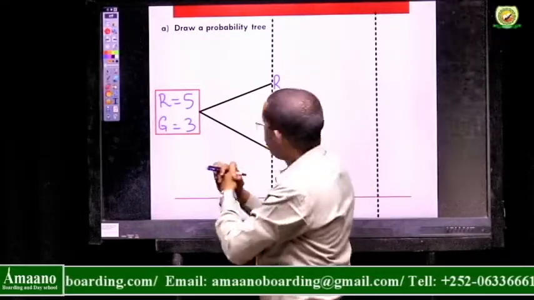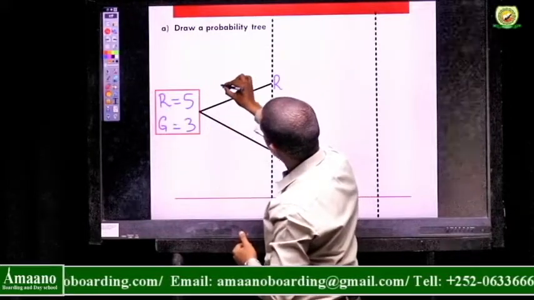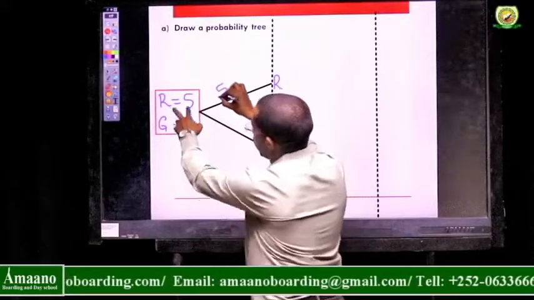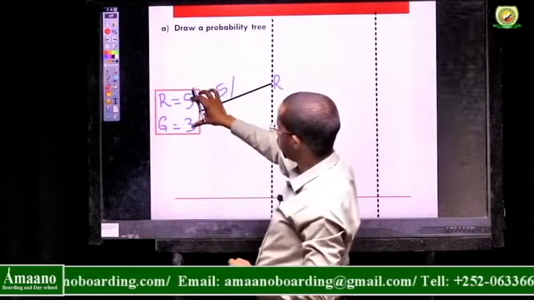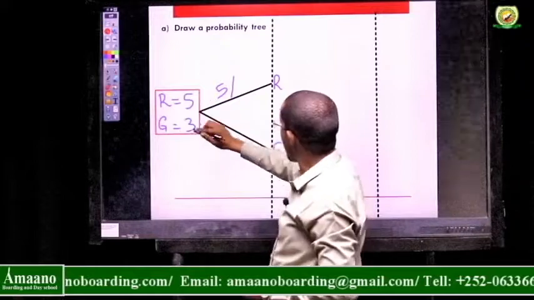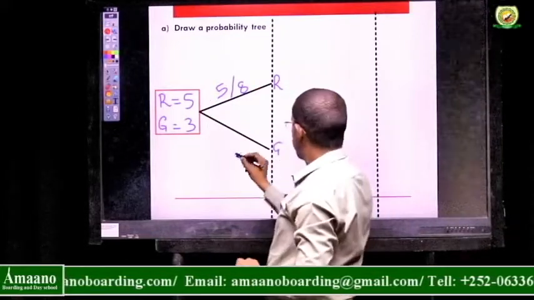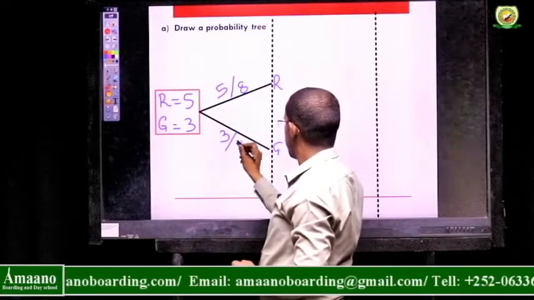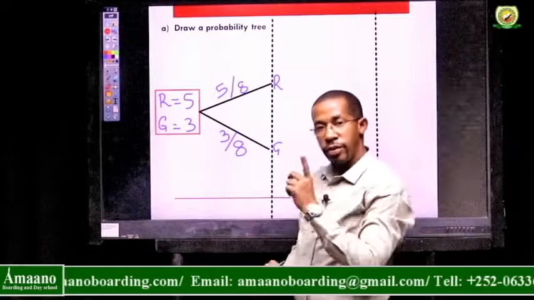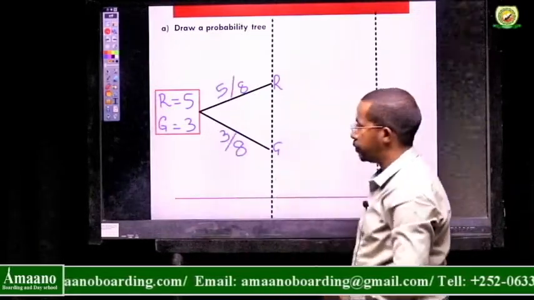Yeah? So here, probability of red will be the number of red, then divide it by the total. The total of marbles is 8. So you say 5 divided by 8. Then probability of green will be 3 divided by 8. This is during the first draw.